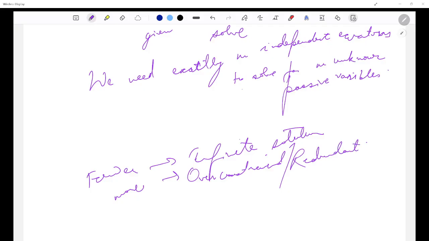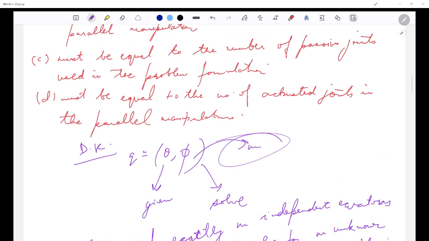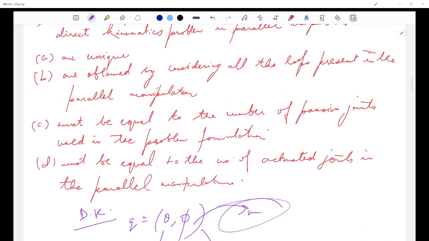Okay. According to this, what is the correct answer? This is C. The first option was it is unique. No, this is not true, because different loop breaking strategies give different equation sets, right? So the problem formulation is very important. Okay.